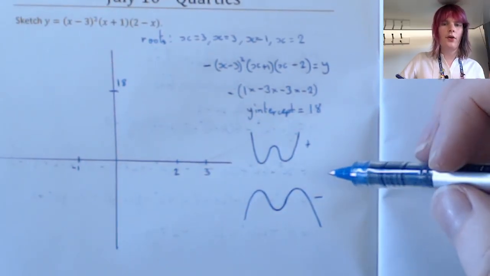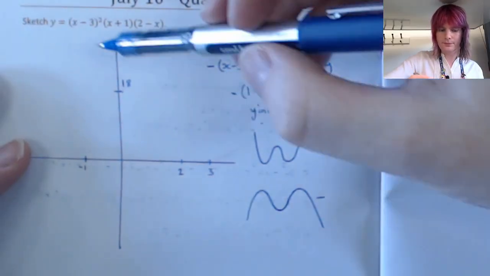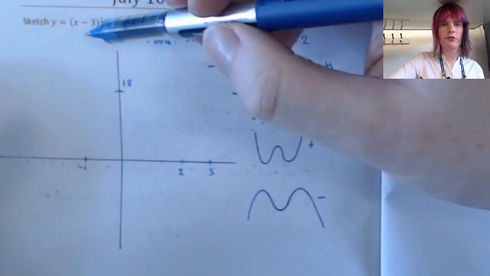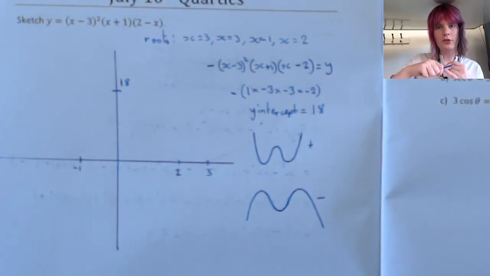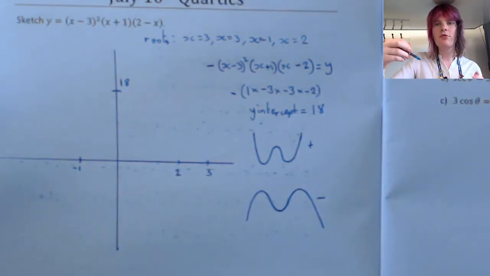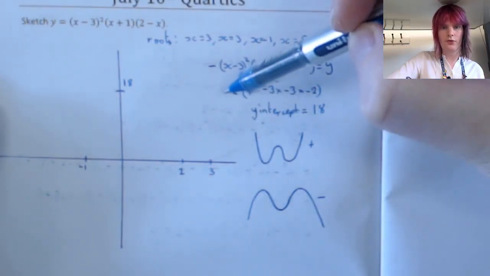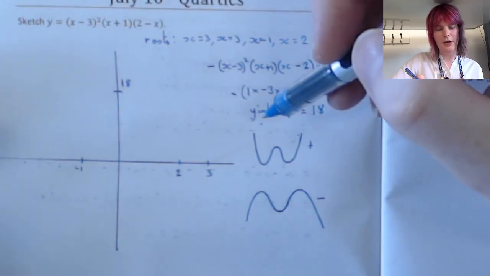And our other bit of information to notice is this x minus 3 here, so it's x minus 3 squared, which is repeated, which means our curve is going to touch it, but it's not going to go through it. So kind of like in a quadratic, if we have a repeated root, it just glances off, so it will come down and glance off the x-axis without going all the way through. The same thing's going to happen here.